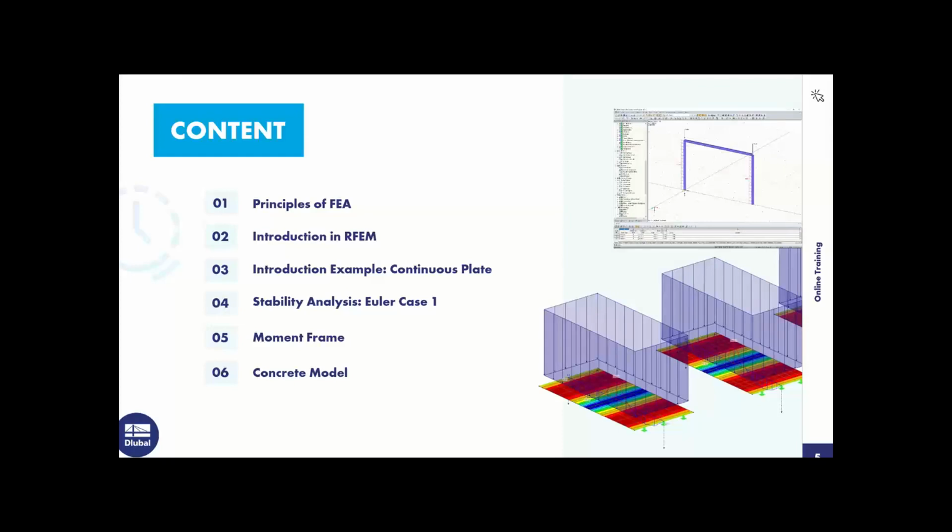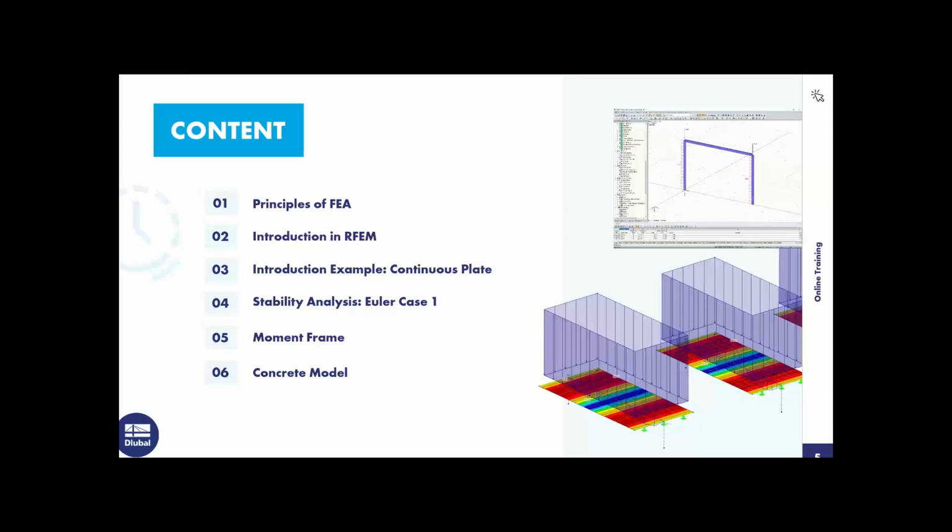The content for today's training will start with principles of FEA software, and then we'll go into an introduction of RFEM. The next thing we'll be going over is a model, and this will be the introduction example for continuous plates, and that will involve plate theory.